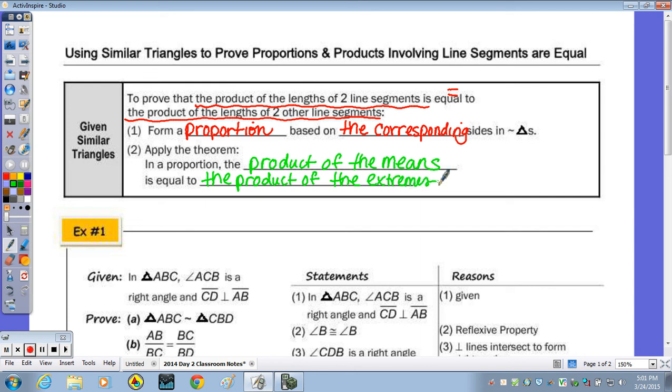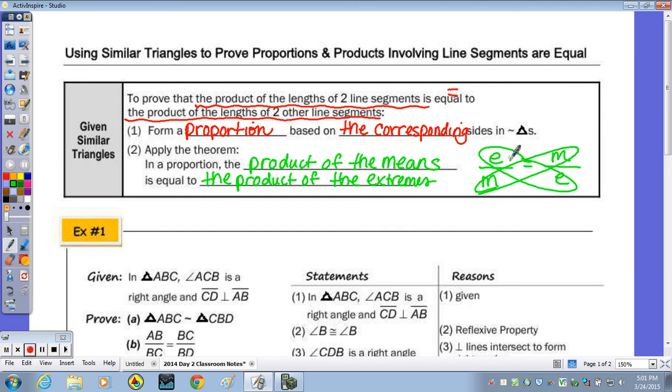So this may be familiar to you. I think it was back in middle school in which you were introduced to the vocabulary. In the proportion, the mean is here and the extremes is here. So here's the product of the means and here's the product of the extremes.